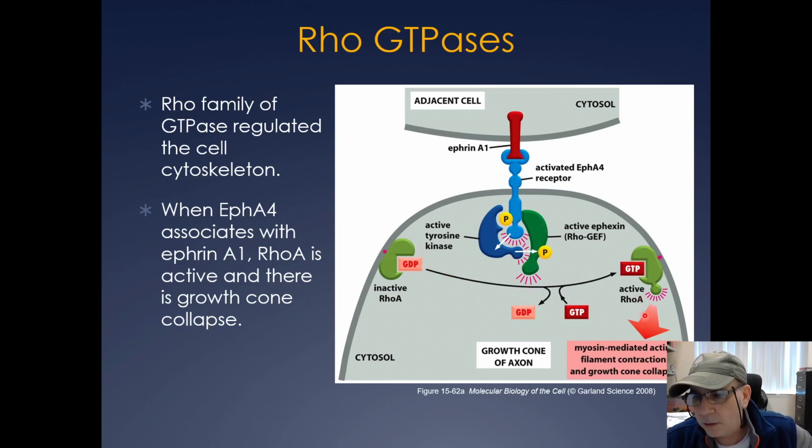This leads to activated Rho, which causes myosin-mediated actin filament contraction and growth cone collapse. Okay, so if the growth cone doesn't want to be there, it will collapse through this signaling.